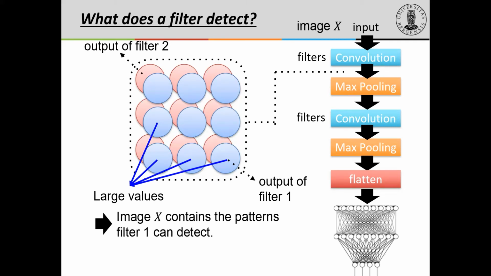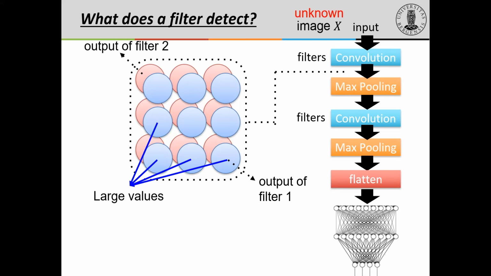So this comes to a question. We are curious about what kind of image X makes filter 1 detect its pattern, right? We want to see what it looks like, at least. How to do this? Imagine now we don't have the input. Before, we had the input X, and now the input is unknown or variable. So we want to generate the input picture.